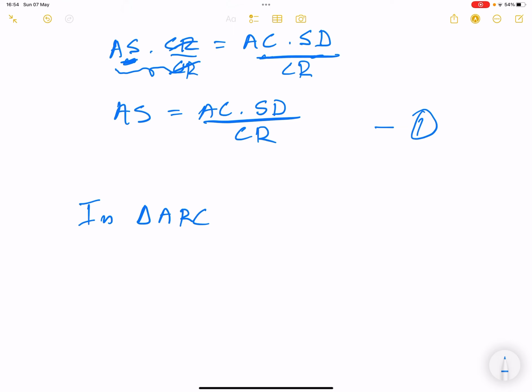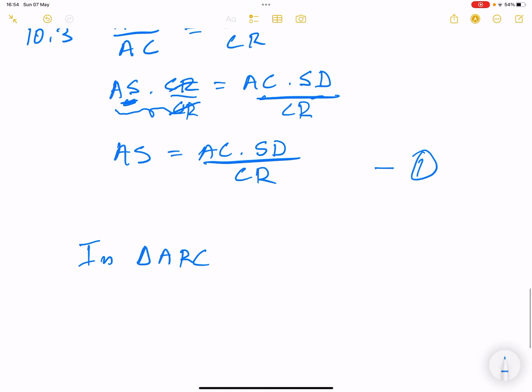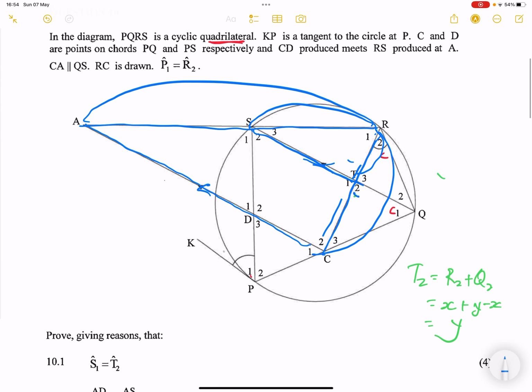So in triangle ARC, if I take AS, for instance, this side over that entire side, and I'm taking that one because there is a common side to the other triangle. Remember, what am I trying to look at? I'm looking at AS. I'm trying to isolate that AS. So I'm going to say AS over AR.